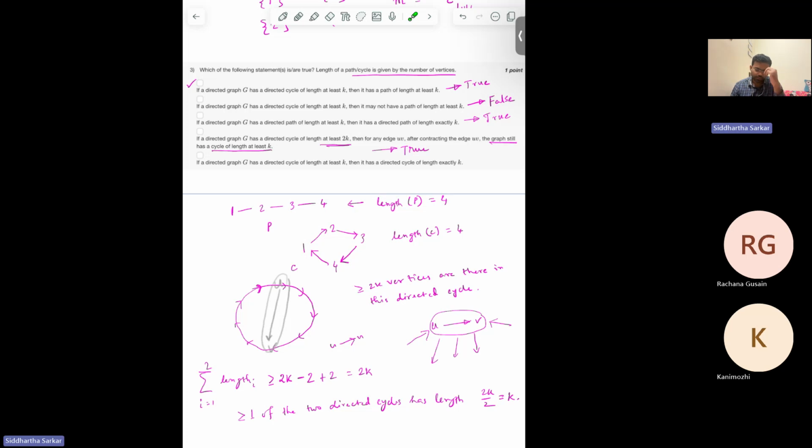So consider a directed cycle of length at least k. So for example, here is a directed cycle of length 4. I can also consider this directed cycle as a directed cycle of length at least 3. That is also fine.